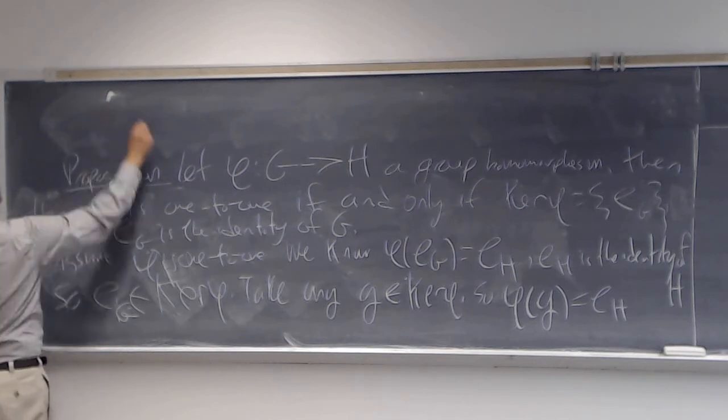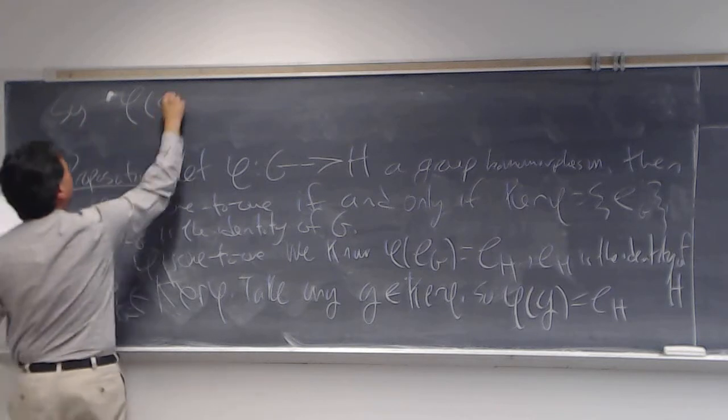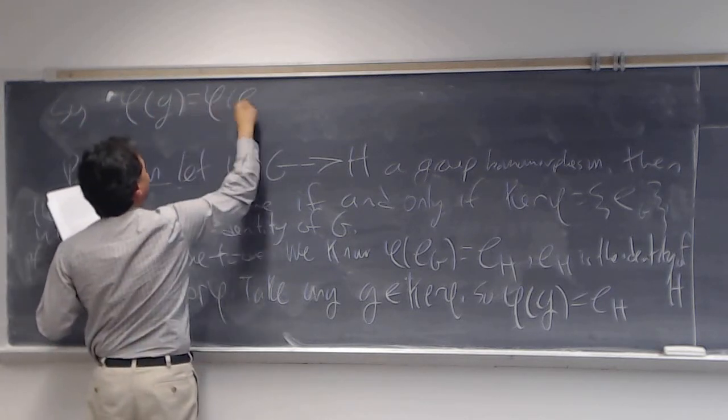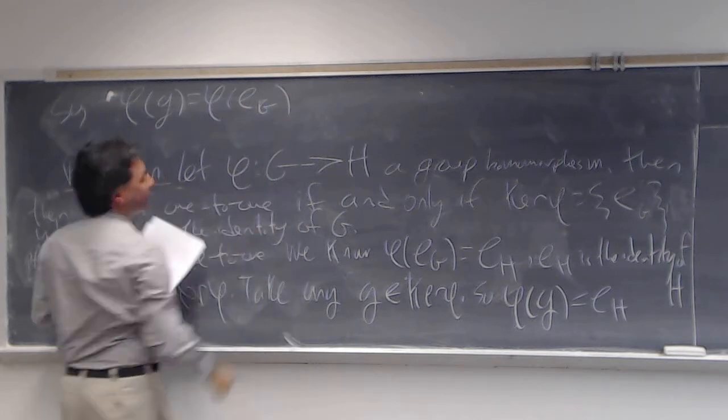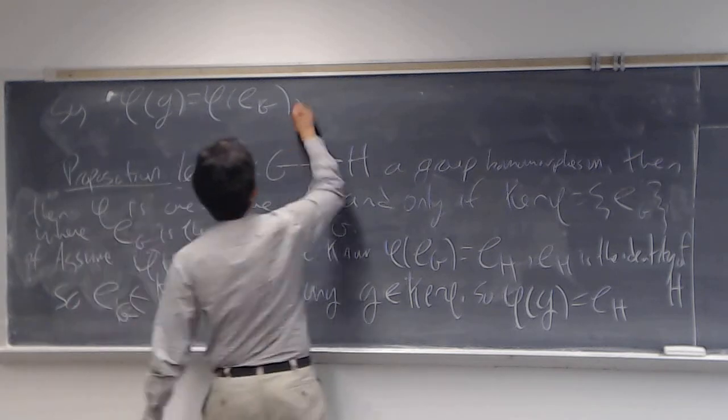Since phi of g is e_H, but e_H is also phi of e_G, phi of g equals phi of the identity.